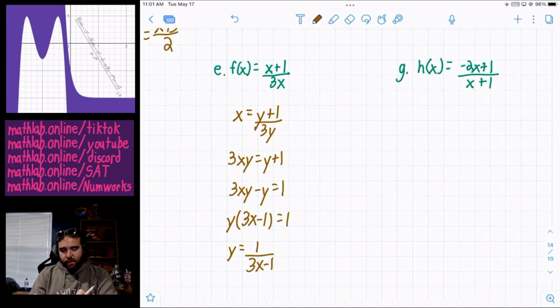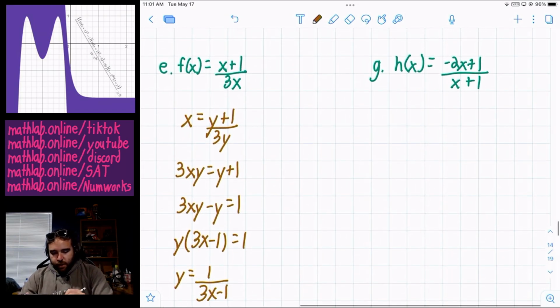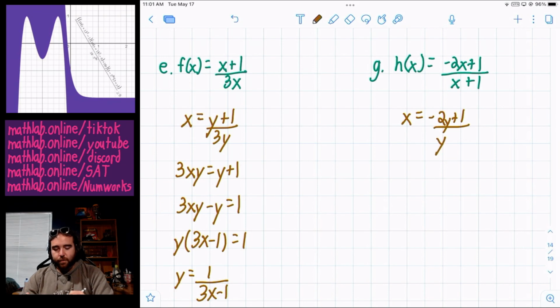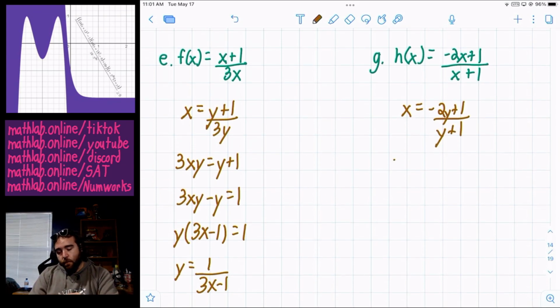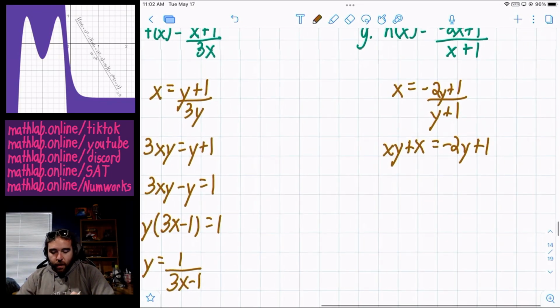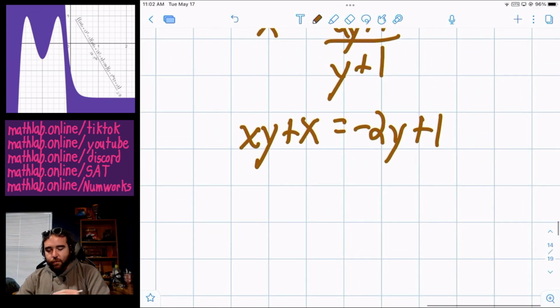So let's do the exact same thing over here. We're going to switch them. We got x equals negative 2y plus 1 over y plus 1. So we're going to do the same thing. We're going to cross multiply. So xy plus x equals negative 2y plus 1. We're going to get everything with a y to one side and everything without a y to the other side.